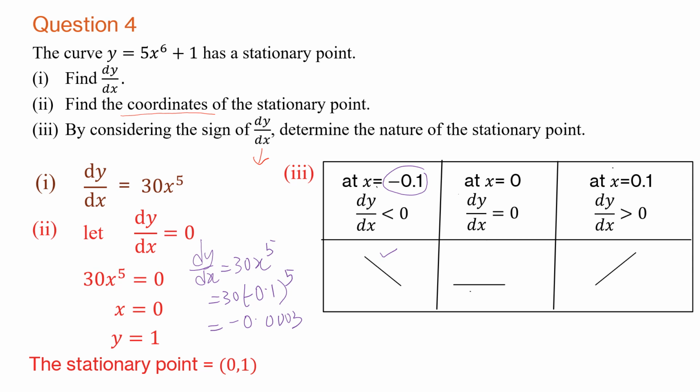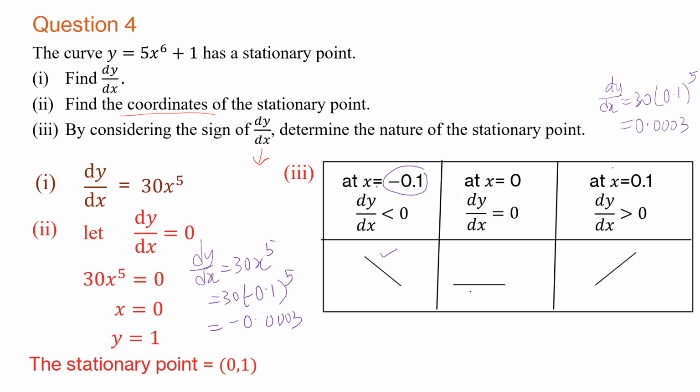Then at x equals 0, of course, this is where you get dy/dx equals 0, so the tangent line is a horizontal line. Then you substitute x equals 0.1 into your dy/dx, and you will get a positive value, which is 0.0003.